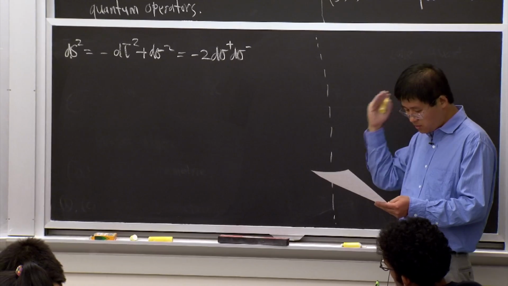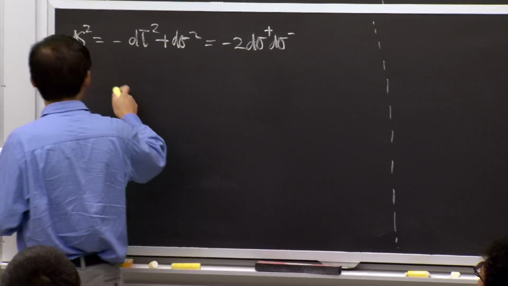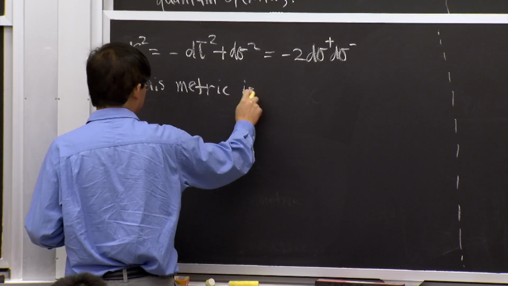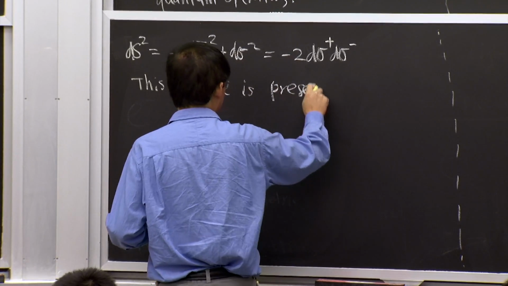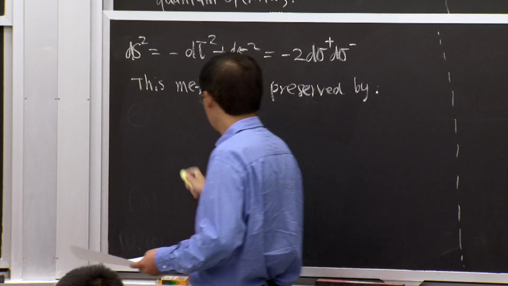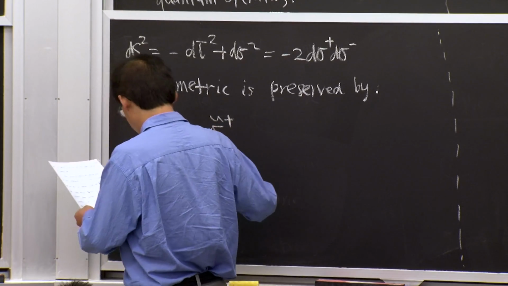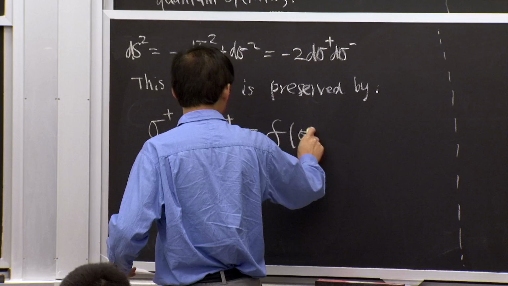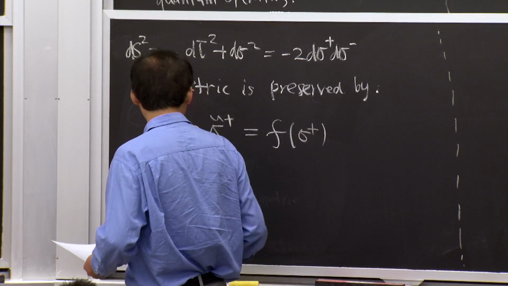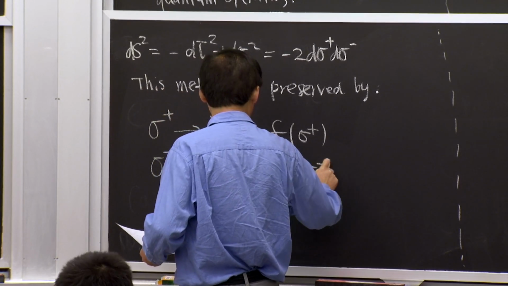Now here is the key observation: this metric is preserved by the following coordinate transformation. I take σ^+ to σ̃^+, which is only a function of σ^+, and σ^- to some new coordinate σ̃^-, which is only a function of σ^-.